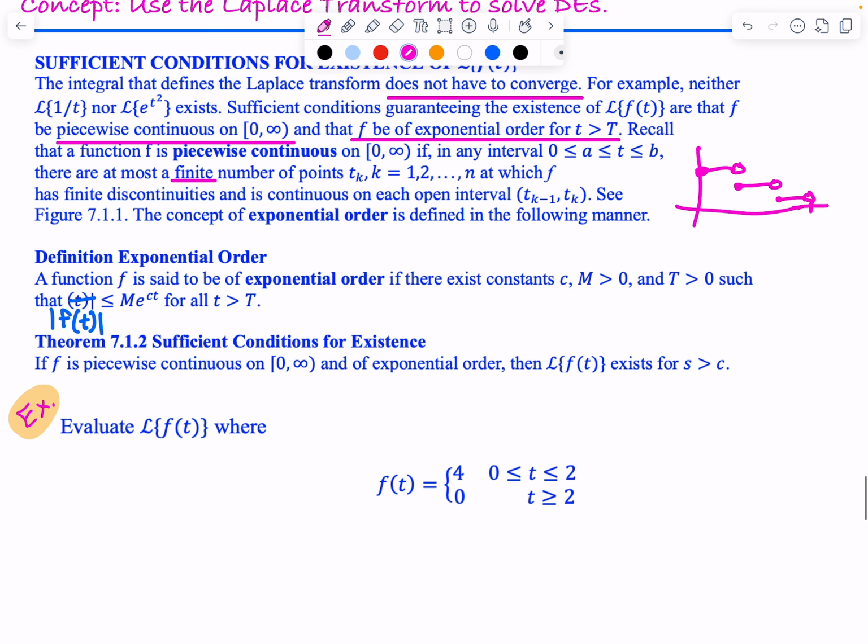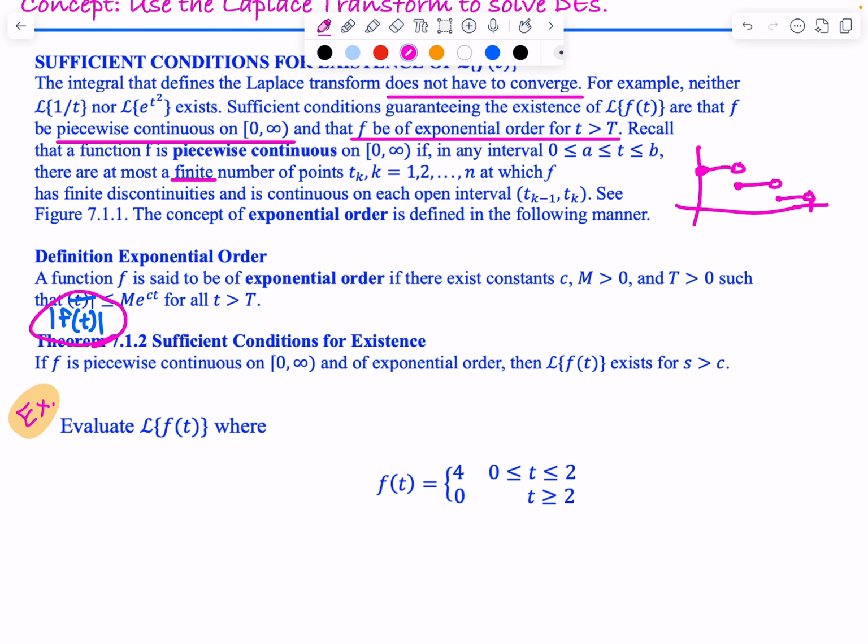Now the exponential order. Hopefully I updated your notes before, but if not, go ahead and fix that. f is of exponential order, and we need all these to be true: capital T greater than 0, m greater than 0, and c is just some constant.